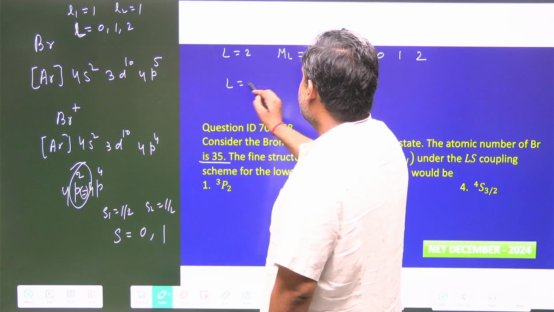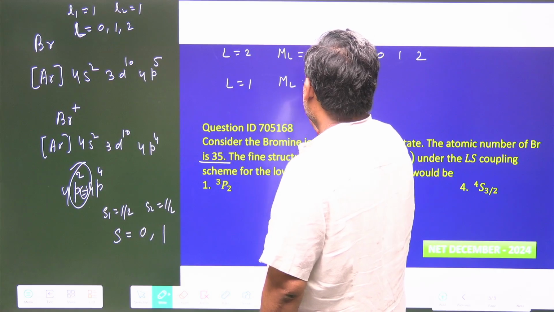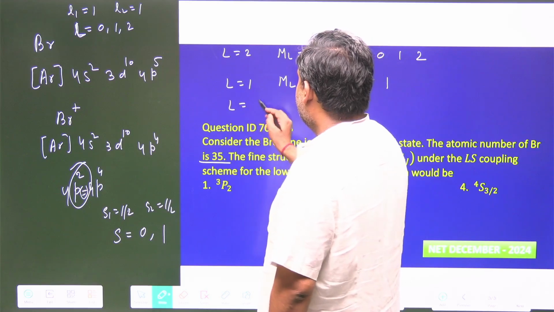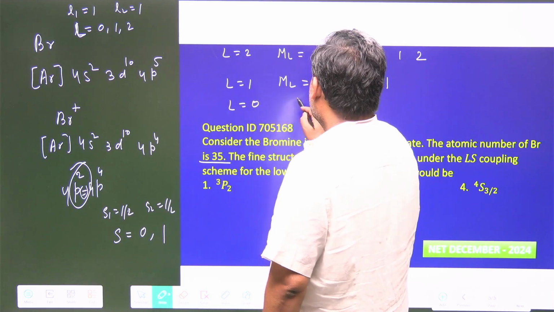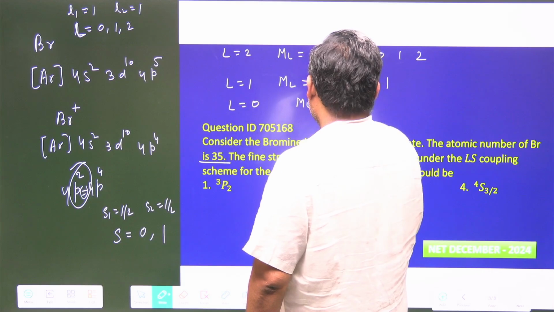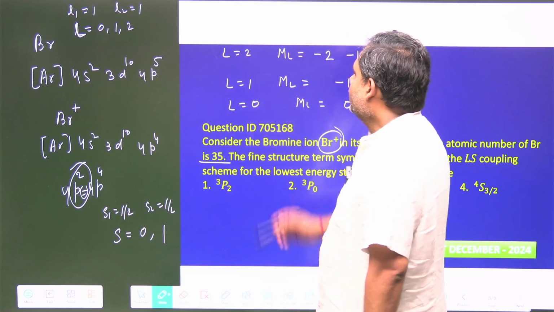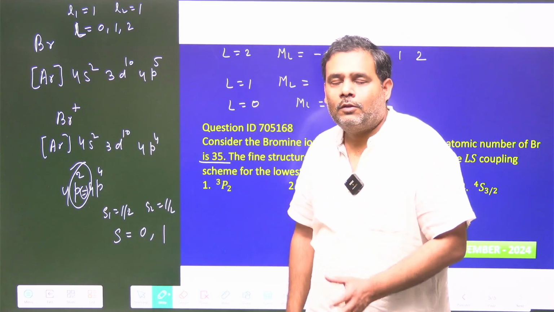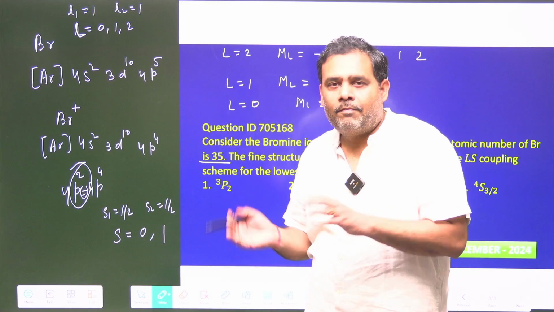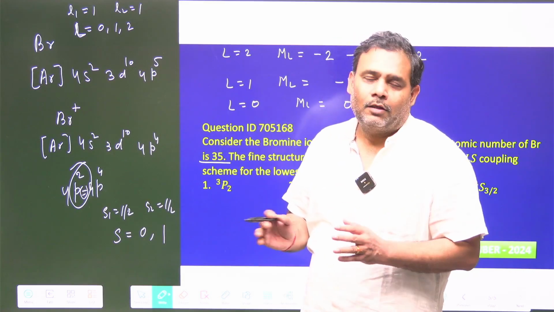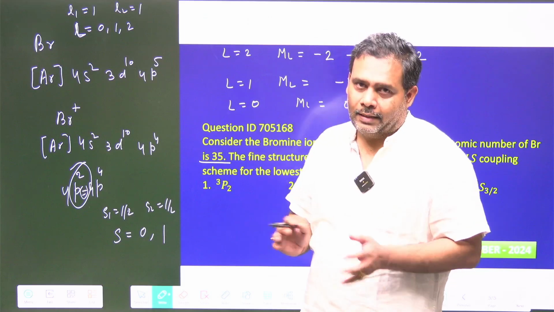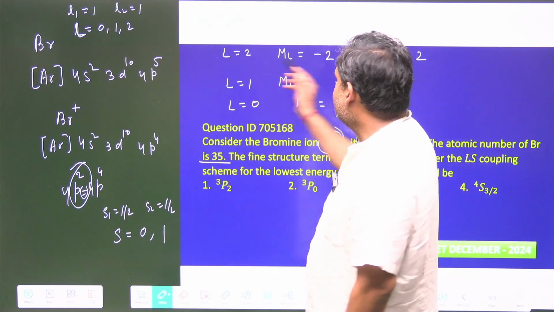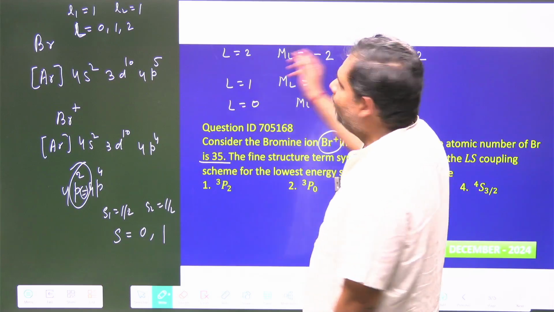And for L is equal to 1, ML is equal to -1, 0, 1 and for L is equal to 0, ML is equal to 0. And we know this ML will come due to the same value of L, so ML1 and ML2 will be the same.